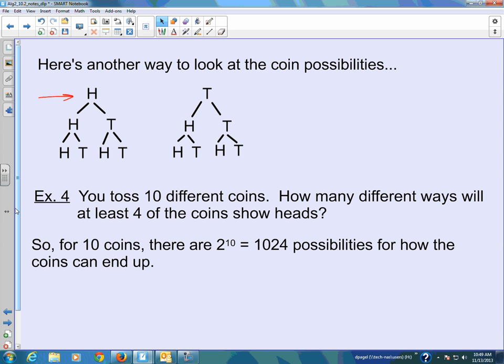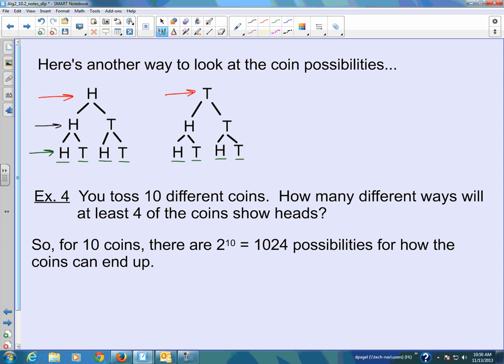So our first coin could land on a head, or it could land on a tail. And if our first coin landed on a head, then the second coin could land as a head or a tail. And then the third coin could land head or tail. And again, depending on our different possibilities, we have 1, 2, 3, 4, 5, 6, 7, 8 different ways that these coins could have ended up.